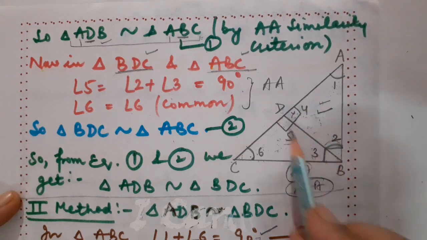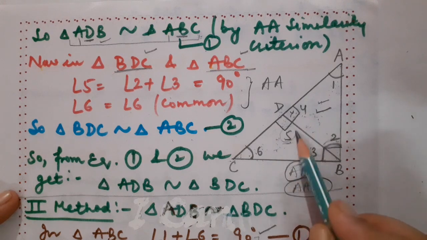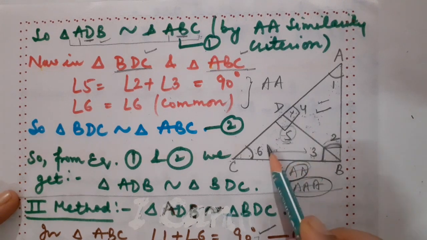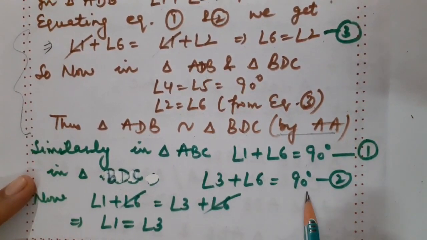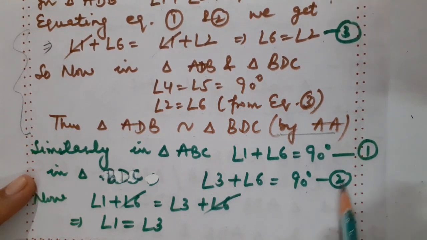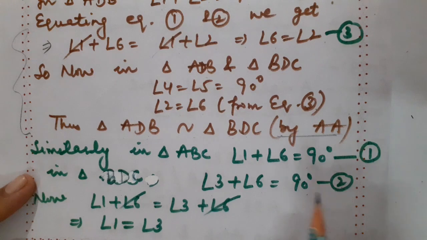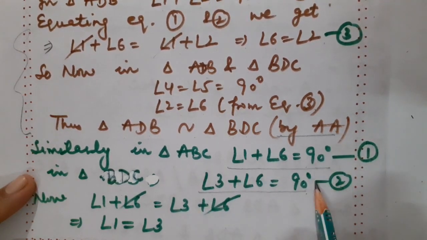But now I am going to take BDC. The same strategy you have to apply. Leaving 90 degree angle, just add the rest of the two angles. So what you are going to get? You will be getting angle 3 plus angle 6 is equal to 90 degree. Again, you can give them the name. You can give the name as 5, 6, 7, 8. The choice is yours. Both the equations are equal to 90 degree.